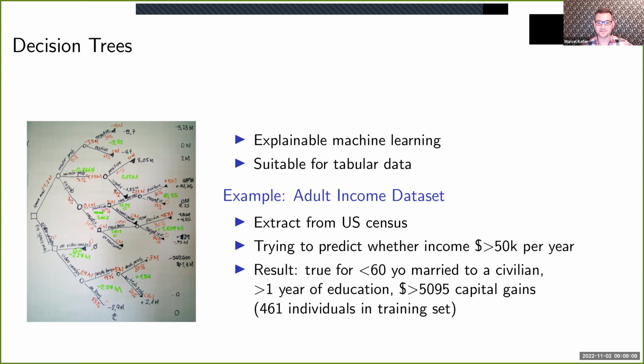And there are actually several hundred individuals in the training set where this holds true, and all of them make more than $50,000 per year. So I think this serves as an example of how this works and how this is explainable.